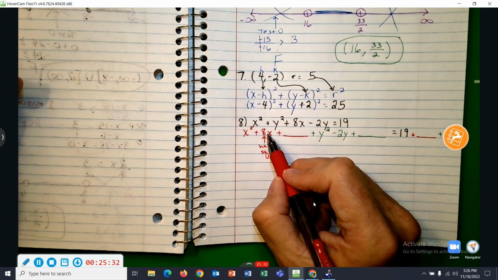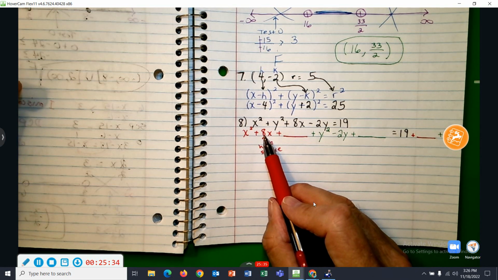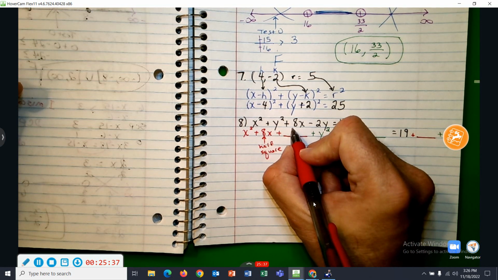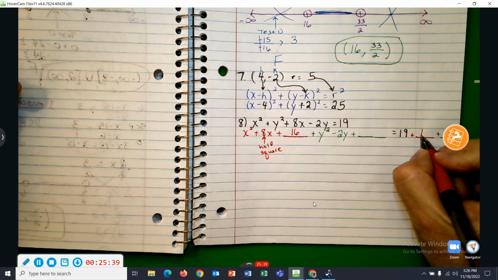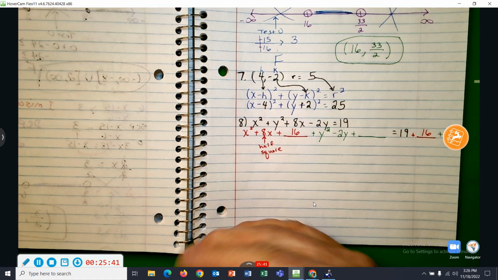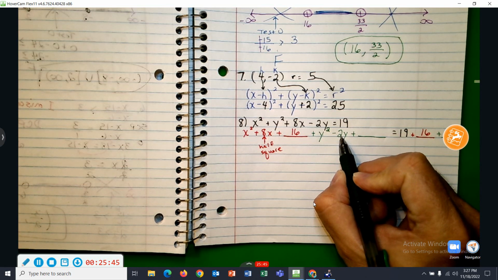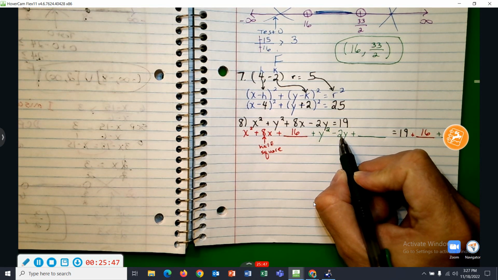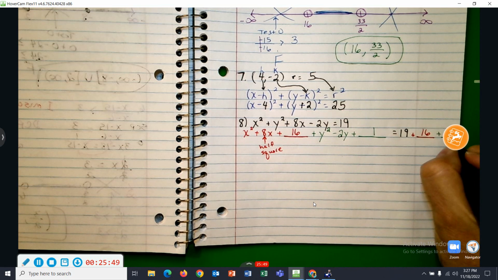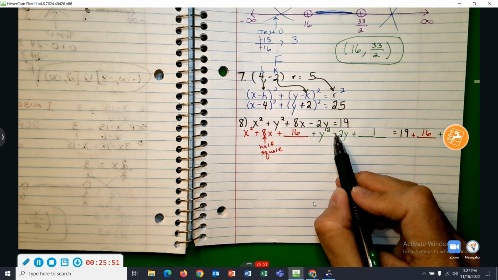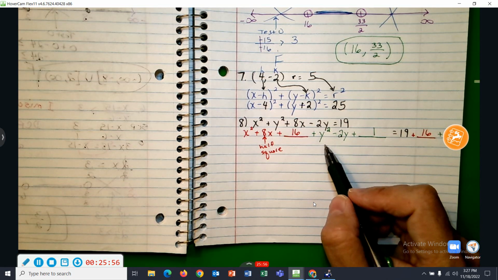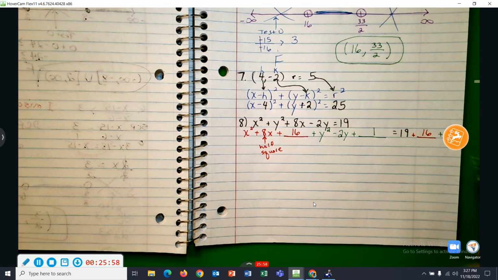Half of 8 is 4. 4 squared, 16. Half of 2 is 1. 1 squared is 1. Notice I'm not worrying too much about the negative. If you want to say half of negative 2 is negative 1, negative 1 squared is still 1.